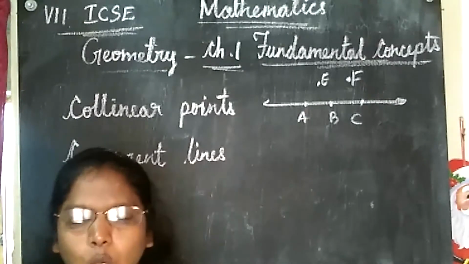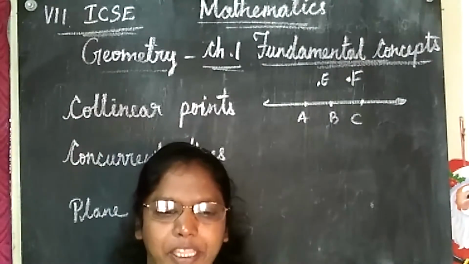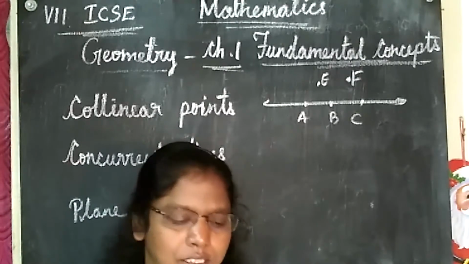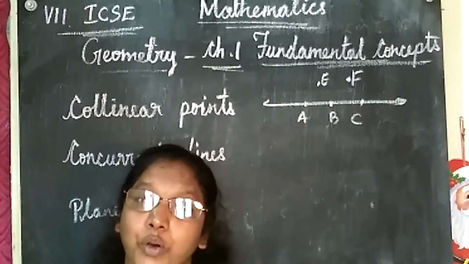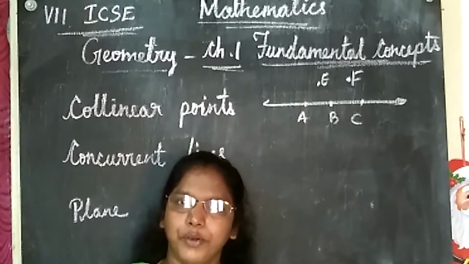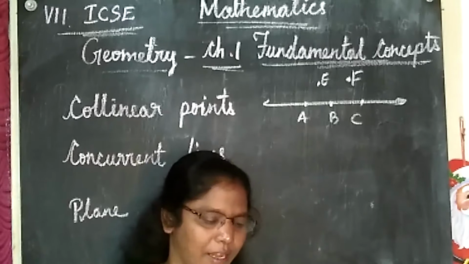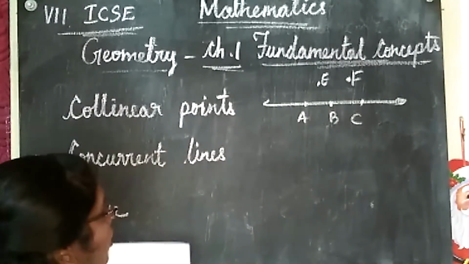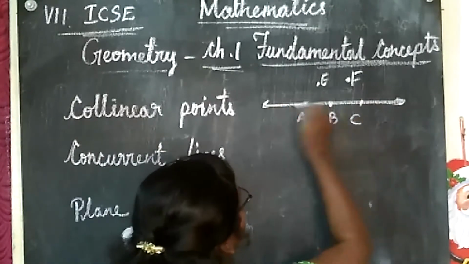Next, collinear points. Take your book, page number G4, collinear points. Let me read this. Listen. If 3 or more points lie on a straight line, we say that these points are called collinear. I have drawn a straight line here.